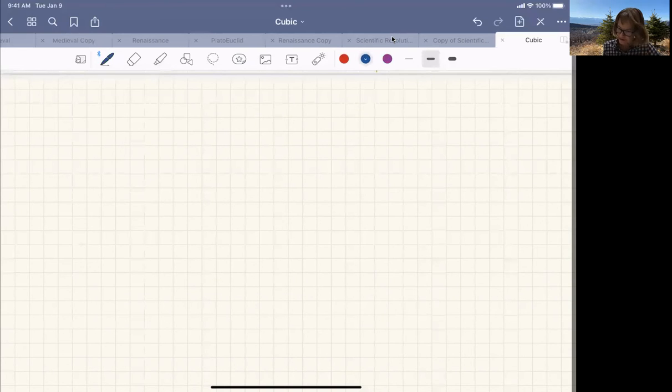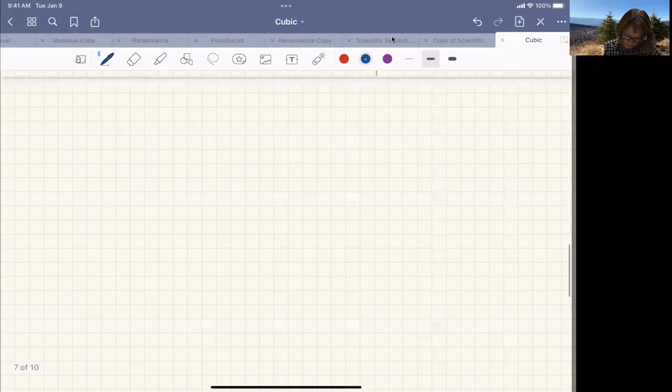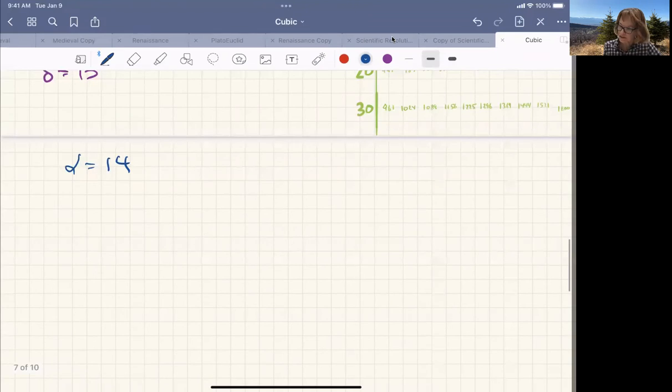Okay, so let's see what we have. From the previous page, what is alpha? Alpha is 14. What is delta? Delta is 13.